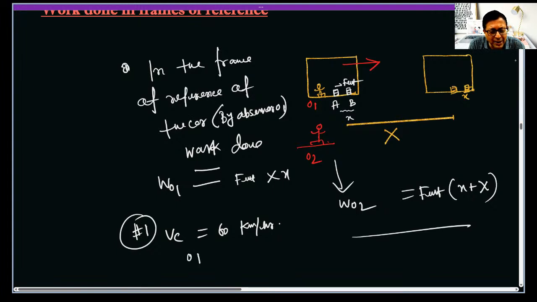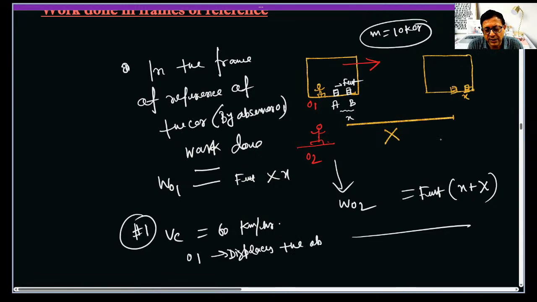The passenger O1 displaces this mass, say 10 kg. Passenger O1 displaces the object by 2 meters in 10 seconds.